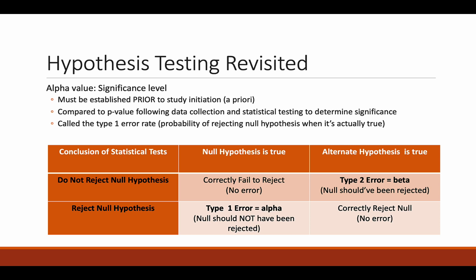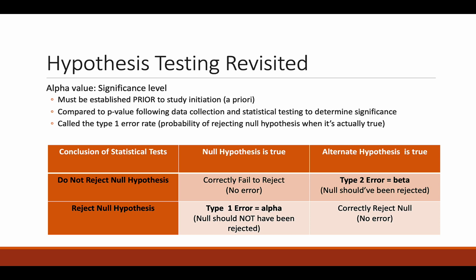So you had positive results, but you've still failed to reject the null hypothesis. That's beta. The alpha is rejecting the null hypothesis when the null hypothesis is actually true, and alpha is deemed to be a more serious error, so alpha values are always very low, like 5%. We've discussed this previously. The other type of results, which is not an error, is correctly rejecting the null hypothesis when the alternative hypothesis is true.